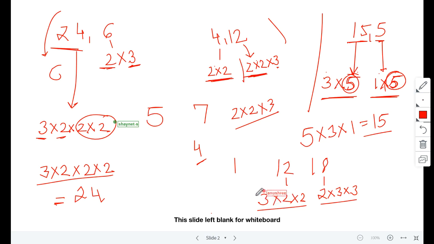See, can you see 3 and 3 are common? Right?